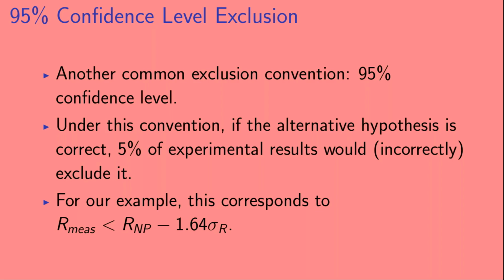For our example, this corresponds to R measured falling less than RNP minus 1.64 sigma r instead of RNP minus 2 sigma r.